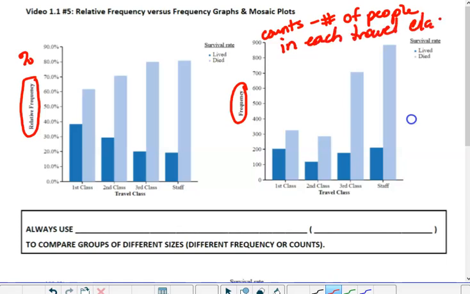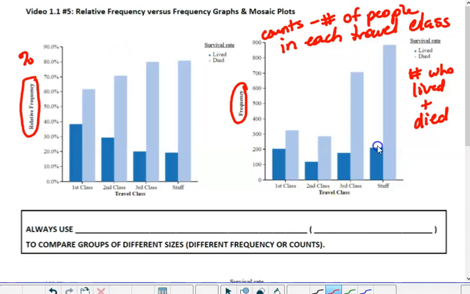So if we're wanting to compare numbers of people in each class and how many died, so the number who lived and died in each class, this graph would probably be more helpful. This graph over here, though, is more useful for comparison purposes because it tells us percentage.